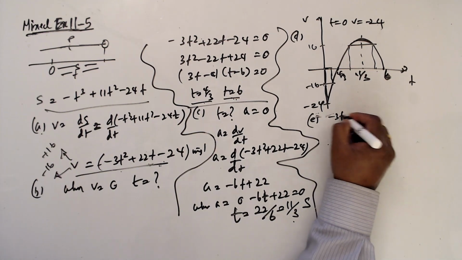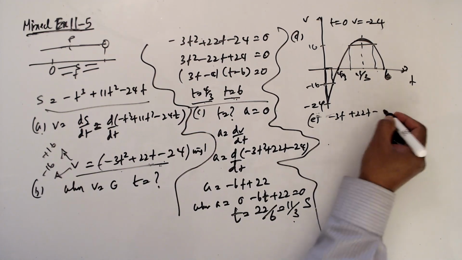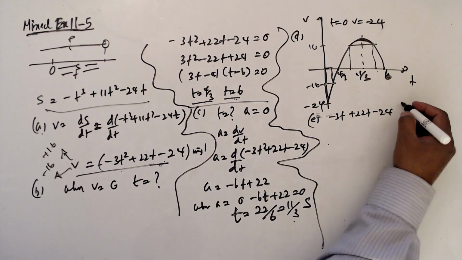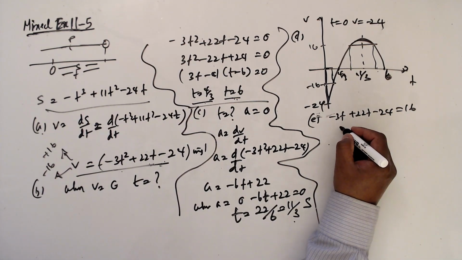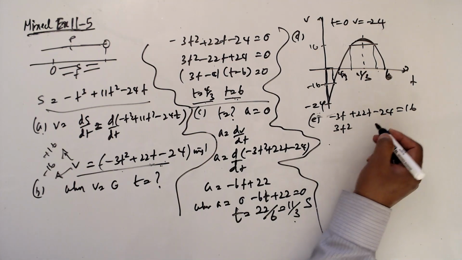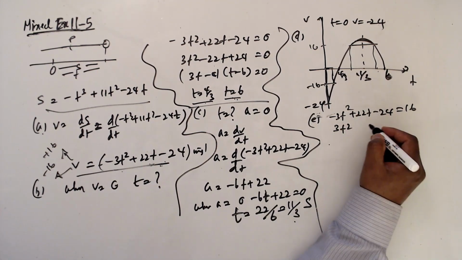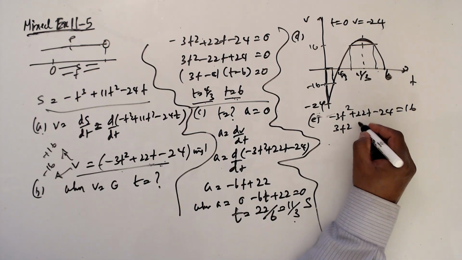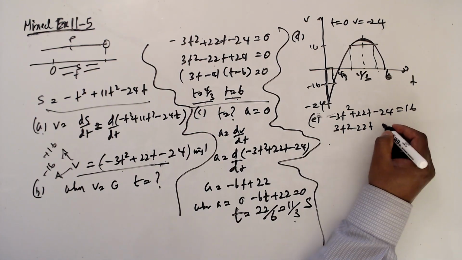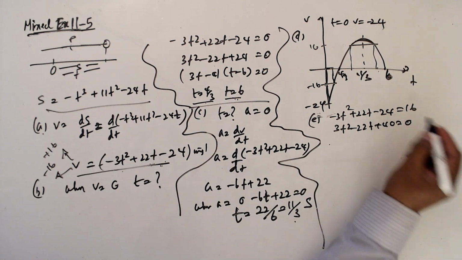So minus 3t square plus 22t minus 24 equals 16. When we simplify this, I'll multiply by minus and bring this one here: 3t square minus 22t plus 40 equals 0.